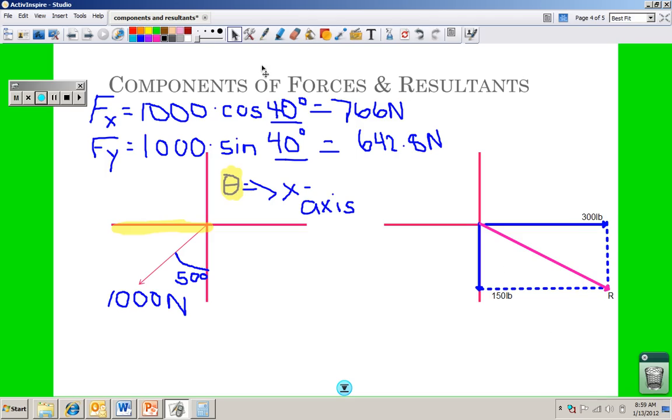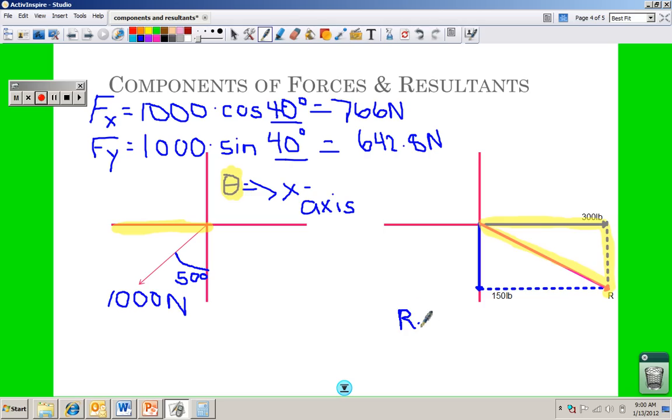Alright, so in a couple of places here, we have a triangle. Right there that I've just highlighted. Because we know that triangle, we know the length of this leg, and we know the length of this leg, I can use Pythagorean to find the resultant R. Alright, so we're just going to use Pythagorean's theorem.